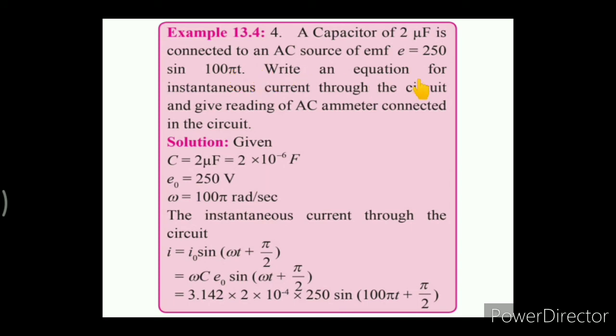On comparing the given equation E is equal to 250 sine 100 pi t with E is equal to E0 sine omega t, we get E0 as 250 volt and omega as 100 pi radian per second.